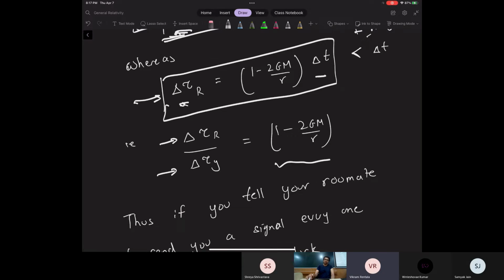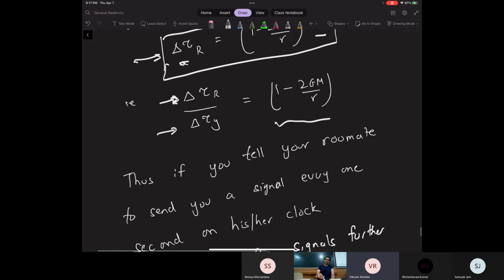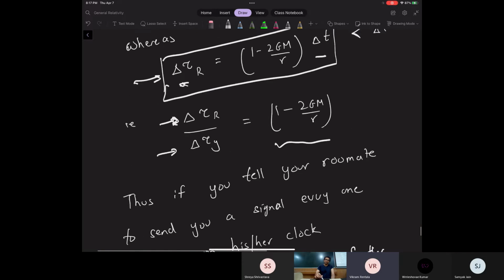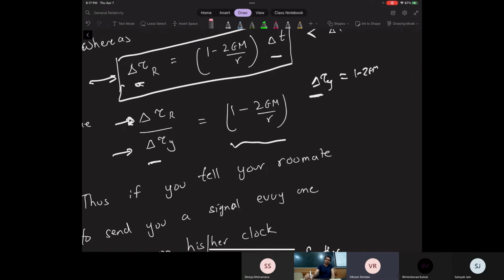In other words, if you tell your roommate to send a signal every delta tau r, so delta tau r is fixed, let's say every 1 second, then delta tau u, the time elapsed on your clock between two signals, is equal to delta tau of your roommate divided by 1 minus 2GM by r.